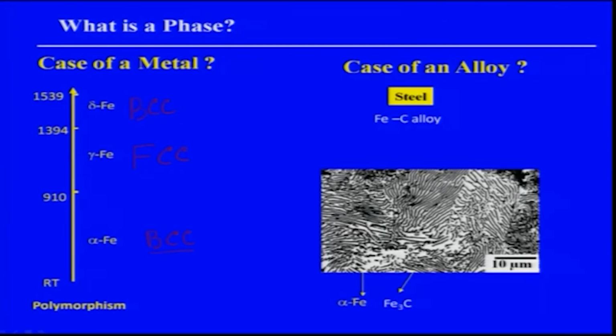It consists of 2 phases, one is alpha iron solution, it is almost pure alpha iron, carbon concentration is very low, the other one is a compound Fe3C. So, immediately you see I can create a different chemical entity if I have an alloy by adding carbon into it. So, Fe3C, whether it has a different structure or not, because it has different composition, it must be a separate phase.